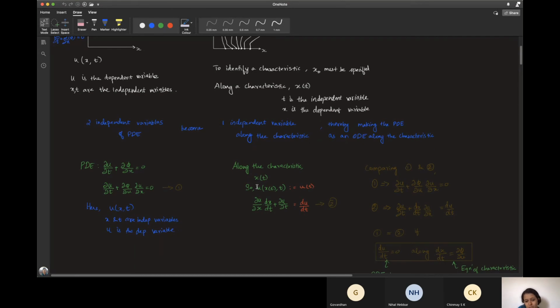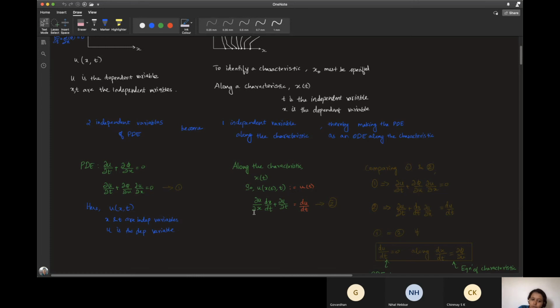So now taking derivative. On the right side, you can just take an ordinary derivative, which is du by dt. We call it the total derivative also. So this is the ordinary derivative, and on the left we have differentiated this u of x of t comma t.